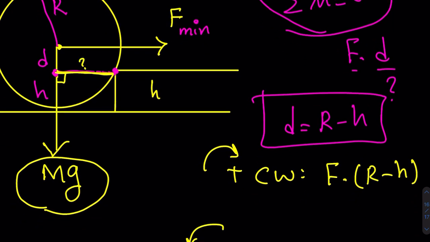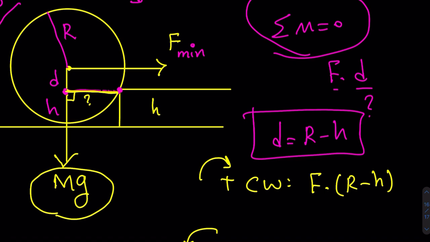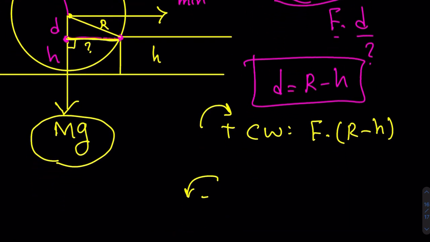But what is the value of this distance? In order to find it, we need to do a little bit of calculation using the Pythagorean theorem. So we can simply find the value of this side. If we draw the R, which is the radius of this circle, we can simply find the value of this side.